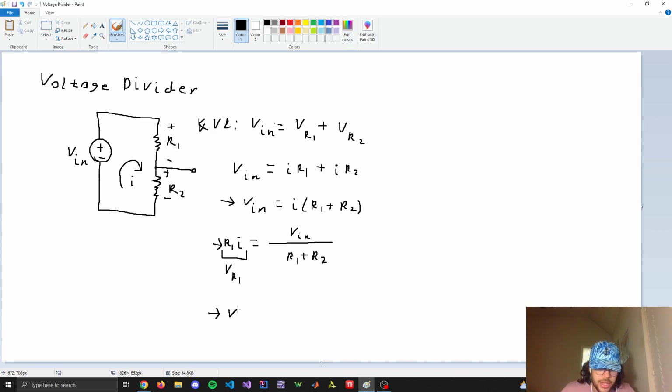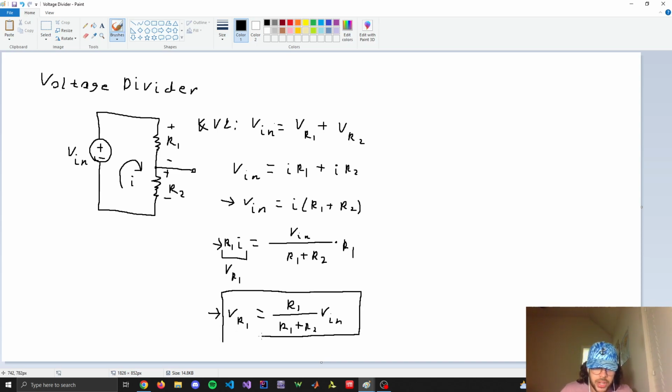So let's go ahead and replace that. That means VR1 is, well, I also have to multiply this side by R1, R1 over R1 plus R2 times Vn.